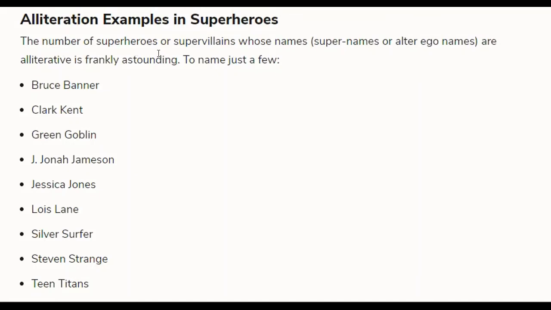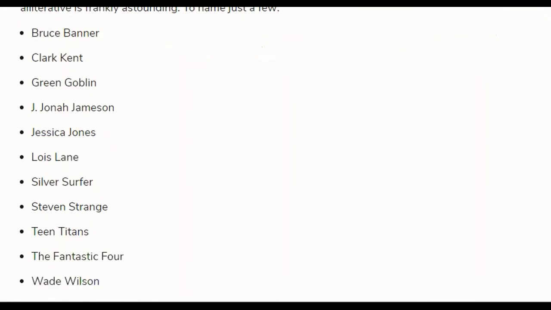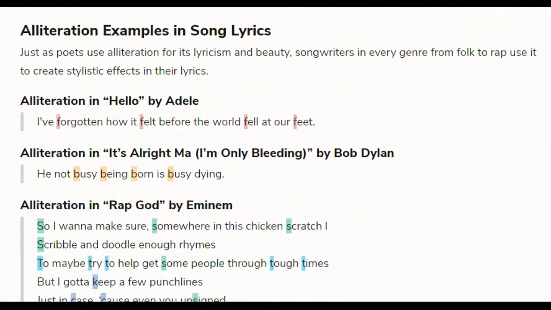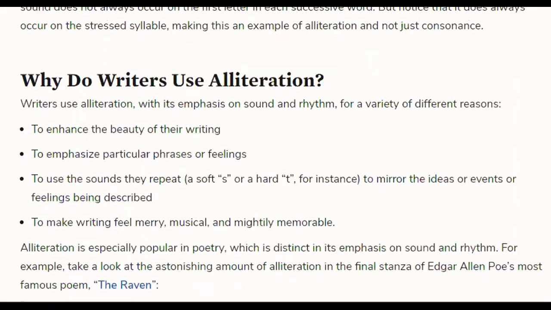The number of superheroes or supervillains whose names, super names, or alter ego names are alliterative is frankly astounding. To name just a few: Bruce Banner, Clark Kent, Green Goblin, J. Jonah Jameson, Jessica Jones, Lois Lane, Silver Surfer, Steven Strange, Teen Titans.